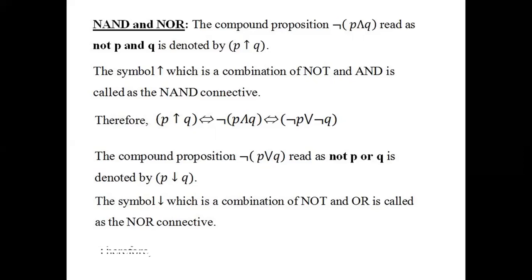Therefore, P NOR Q is logically equivalent to negation of P or Q, which is logically equivalent to negation P and negation Q. Using De Morgan's law, negation of P or Q becomes negation P and negation Q.